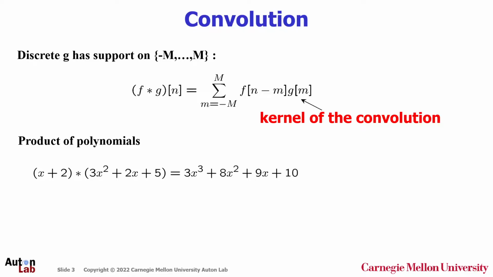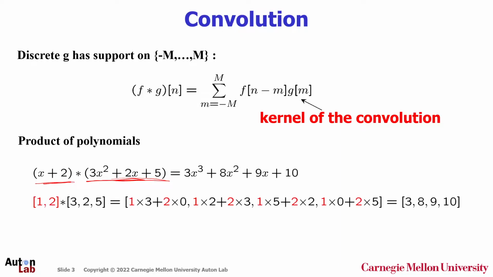In this example, I want to multiply x plus 2 with 3x squared plus 2x plus 5. I can collect the coefficients of these polynomials into two vectors. The coefficients of 3x squared plus 2x plus 5 are 3, 2, and 5. And the coefficients of x plus 2 are 1 and 2.